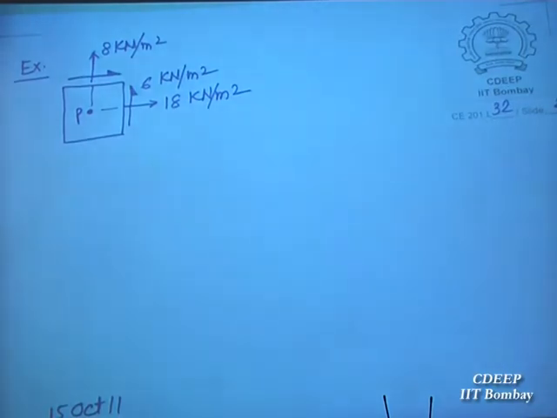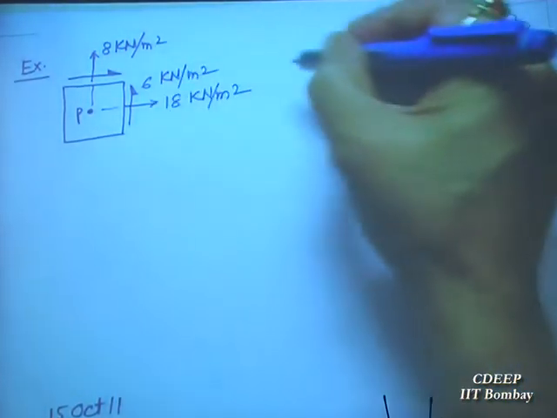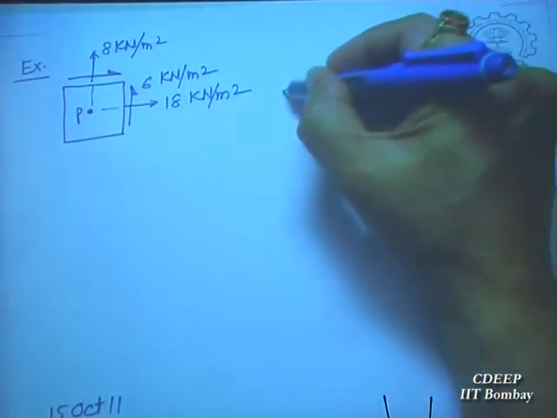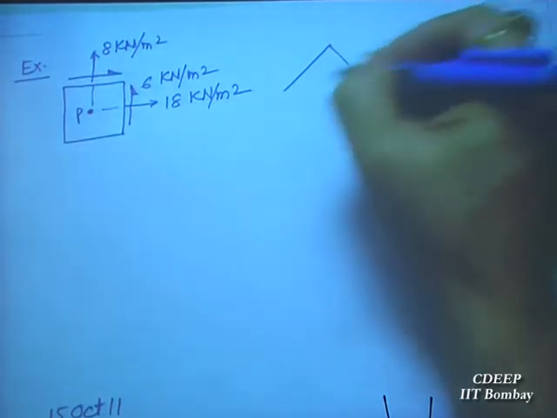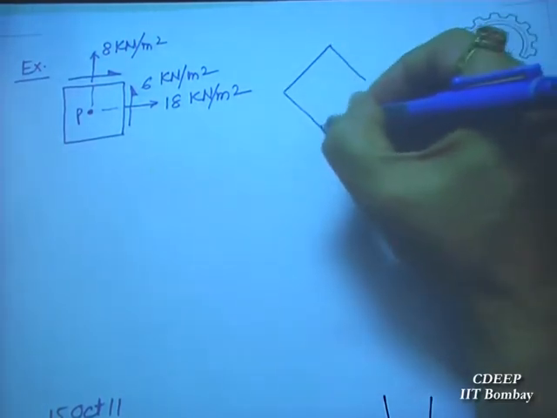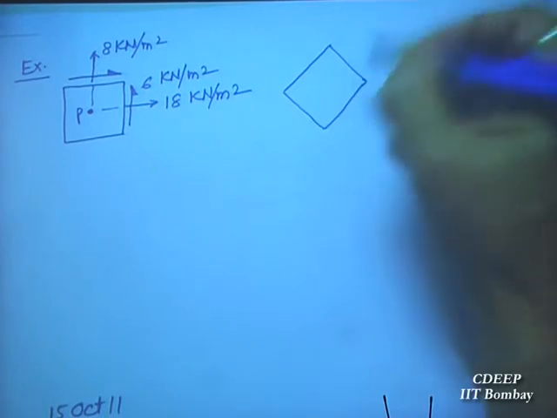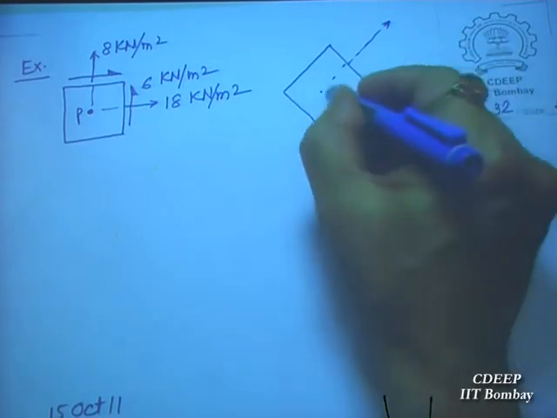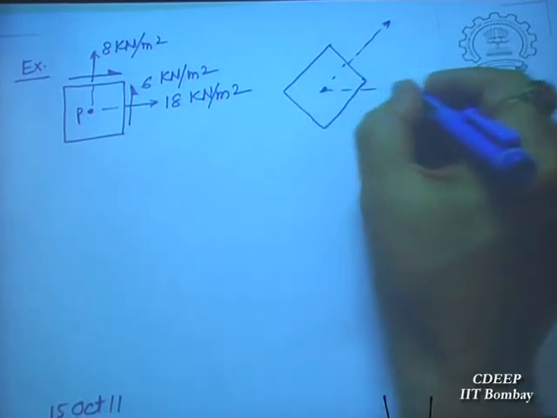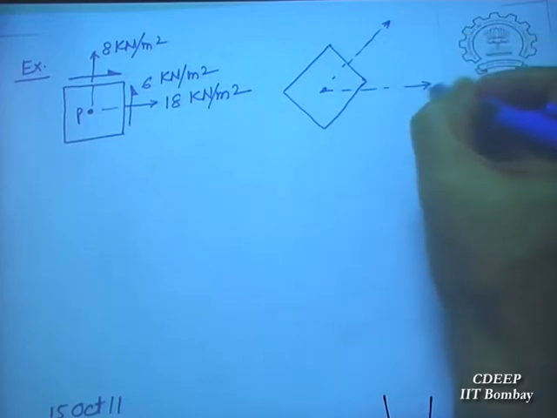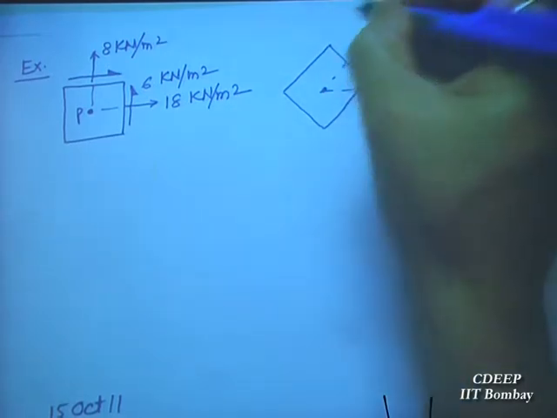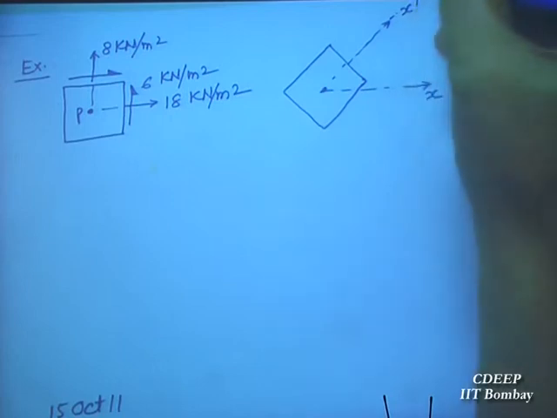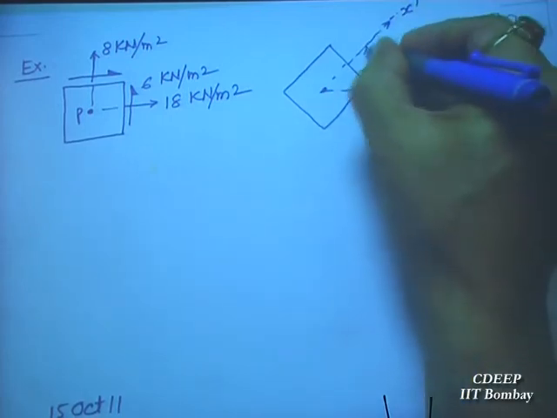Alright, so please find out, at an angle of 60 degrees, when you rotate this element by 60 degrees. This direction is such that it is making an angle; this is x, this is x dash, and this angle is 60.